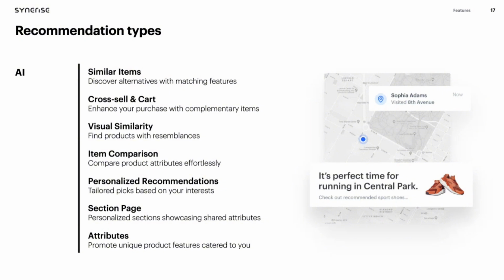So we have several of them. The most important from my perspective are those related to personalizing the interests: personalized recommendations, section page recommendations, and attributes. They actually share the same backbones.